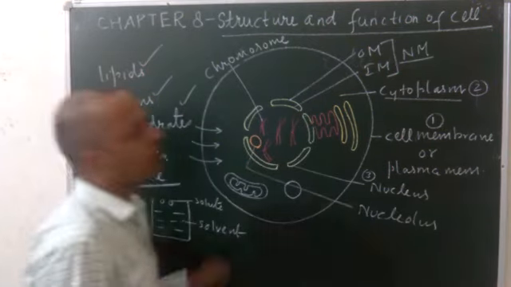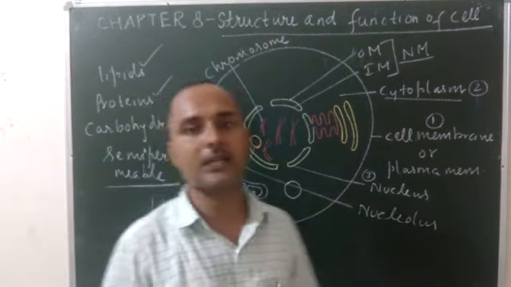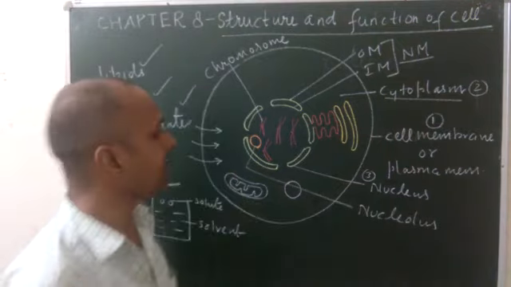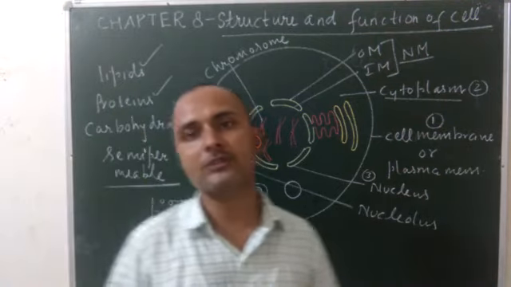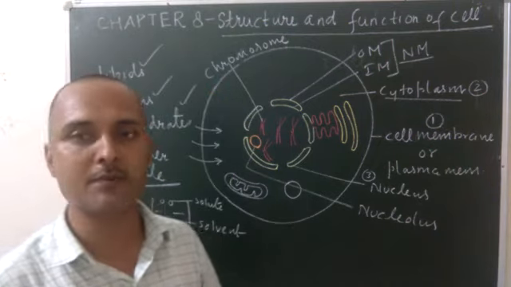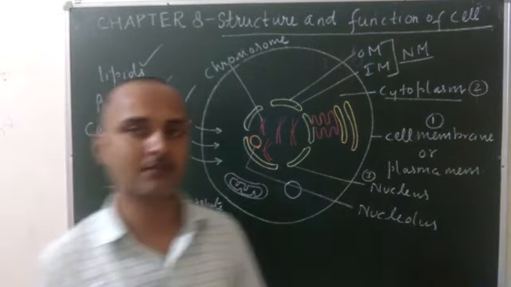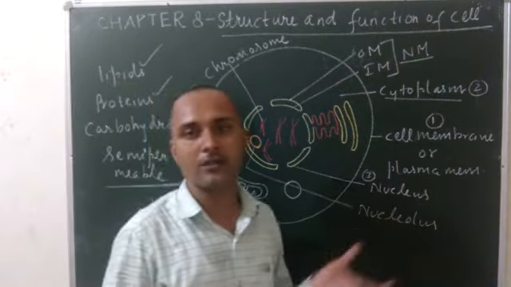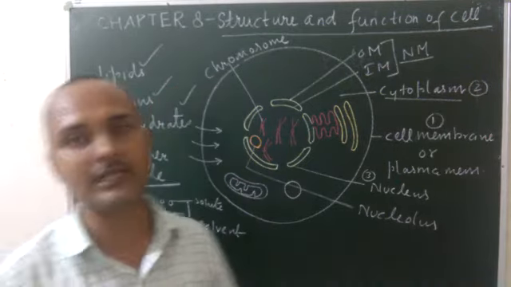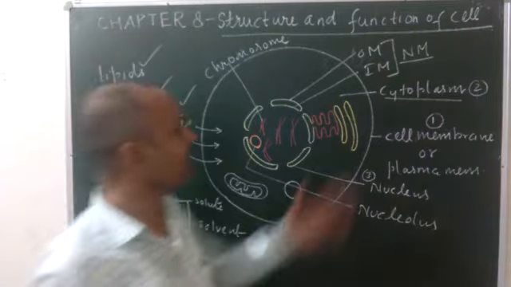So how many parts of a typical cell? There are four parts. First is the cell membrane. It is semi-permeable. It allows solvent molecules along with selected molecules of solute to pass. This cell membrane provides shape to the cell and also provides protection. Second part, cytoplasm.